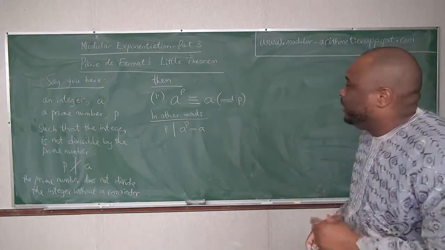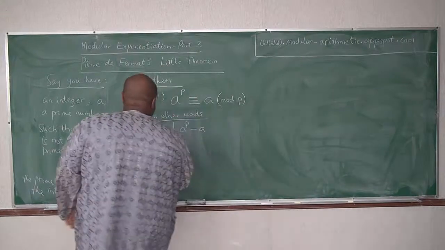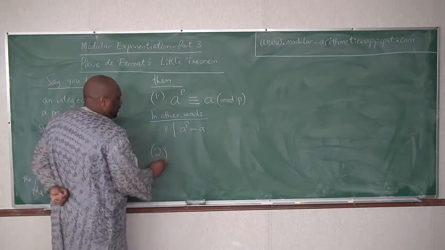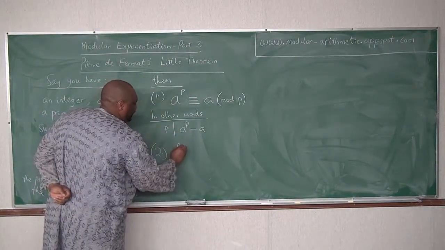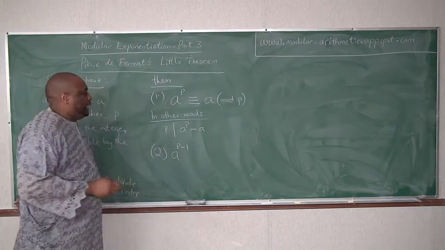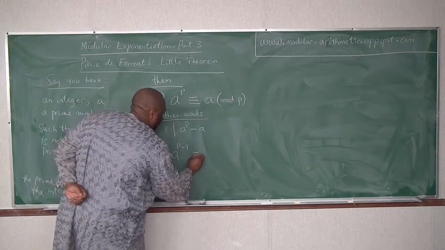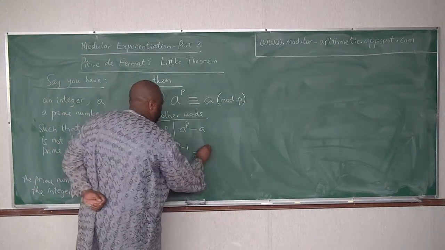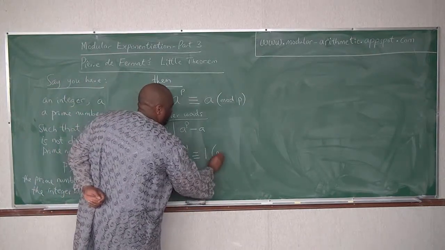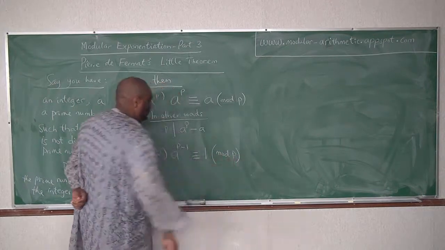Then number two, a to the p minus 1 is congruent to 1 in mod p.